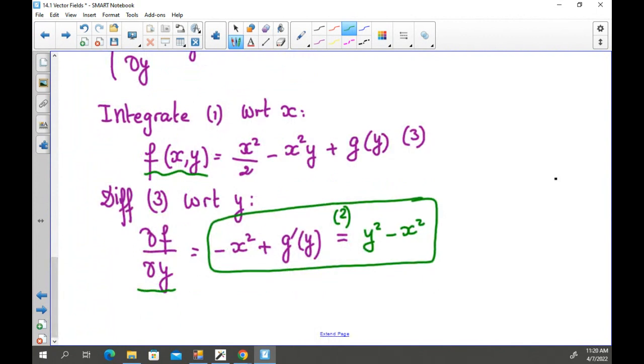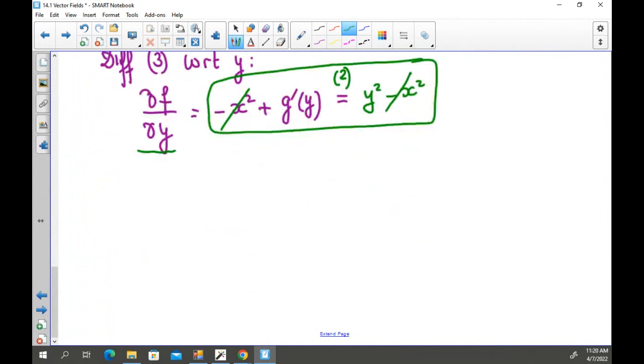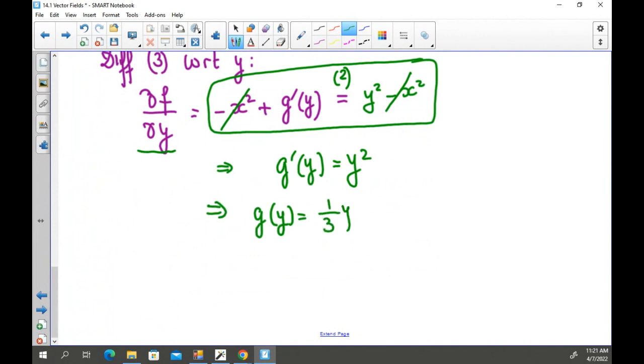So from here, you can see the x squared and the x squared will go. And we have a function only of y. That means yes, there is a potential. This function is conservative. G dash is y squared. So that means g is y cubed over 3, or one third y cubed, plus a constant c.